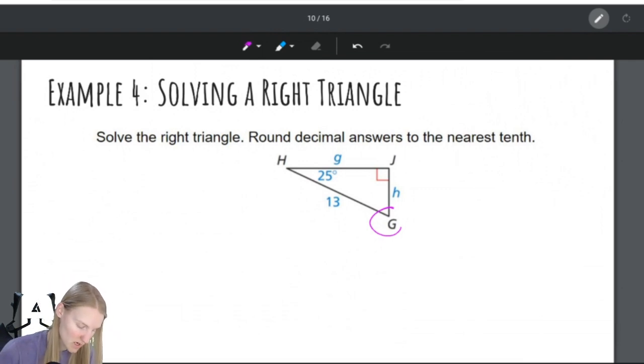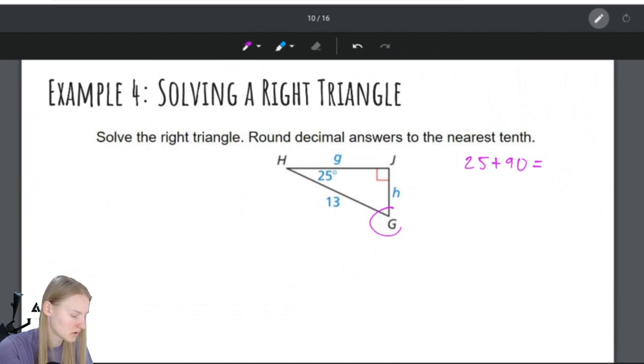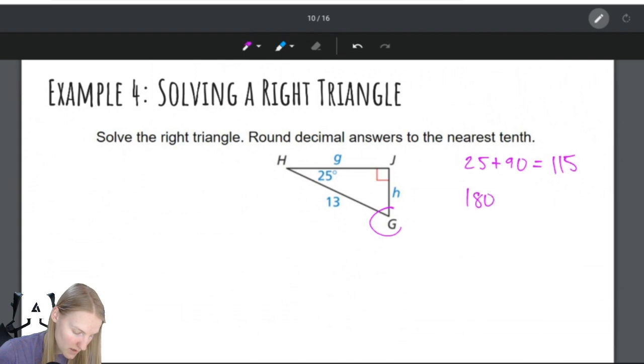So let's do that. 25 plus 90 is 115. And 180 minus 115 is 65. So G is 65 degrees.